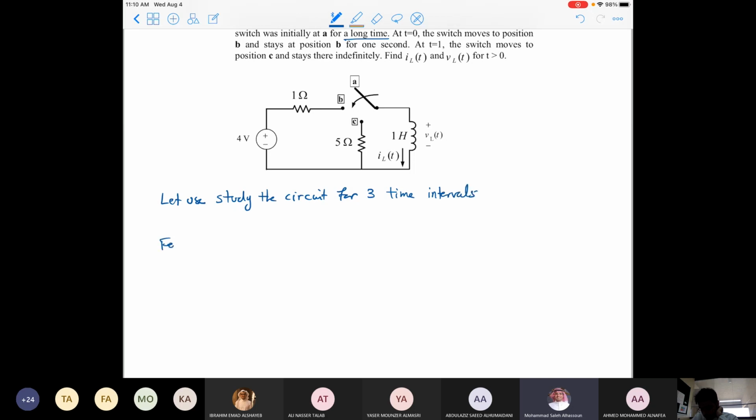For t less than 0, we have 1 ohm, then we have 1 ohm.